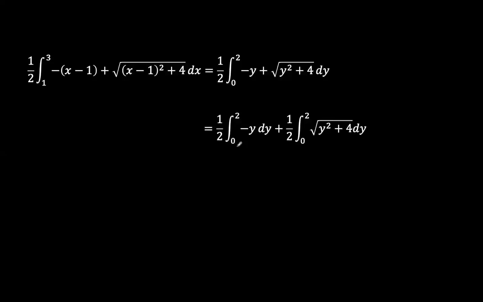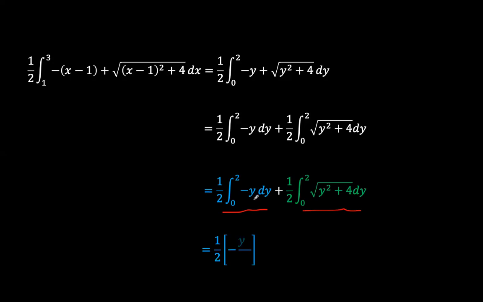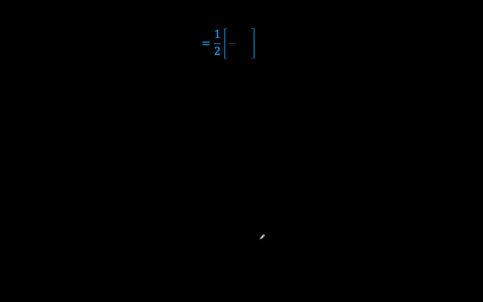This first integral is easy. We can differentiate these two integrals using the color coding: the first one as blue, and the second one as green. When we integrate negative y, it's the same as negative y squared over 2, with the constant half applied and the limits applied appropriately.